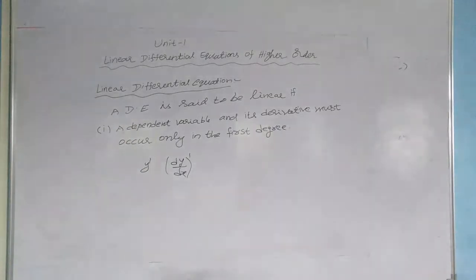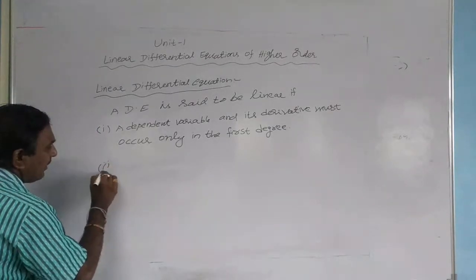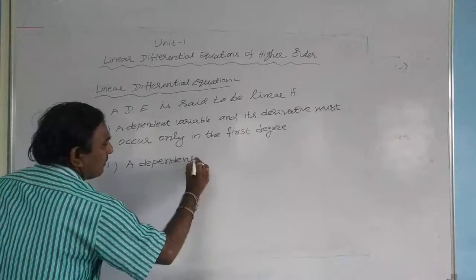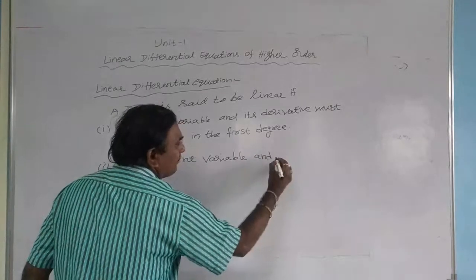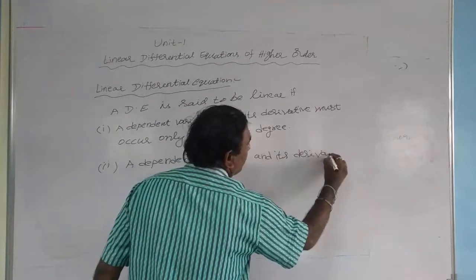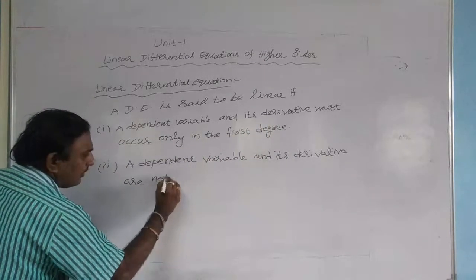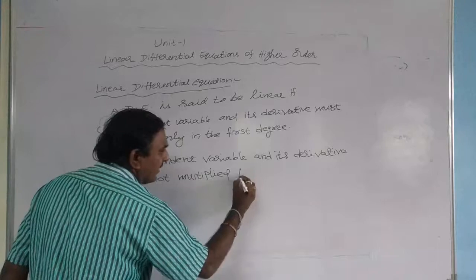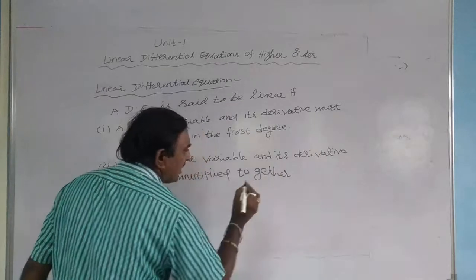Now going to the second point: the dependent variable and its derivative are not multiplied together.